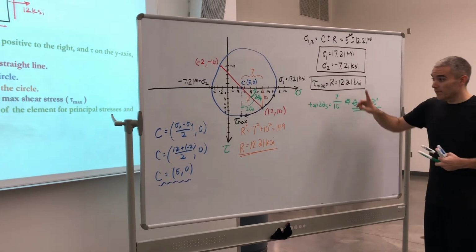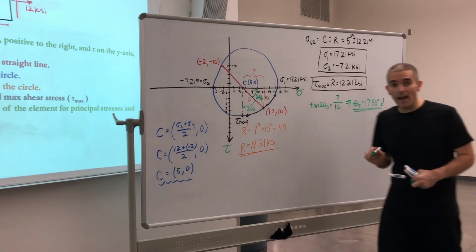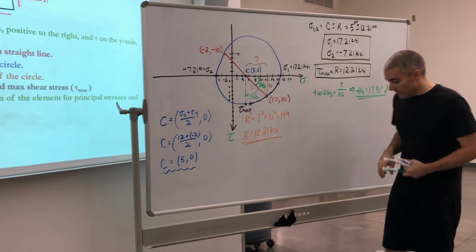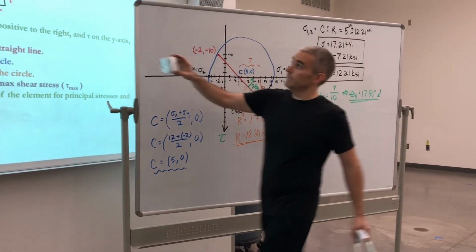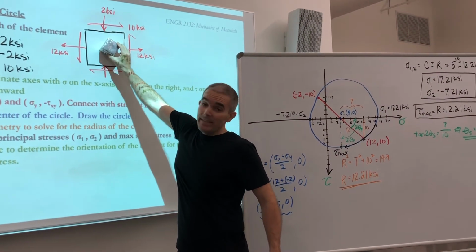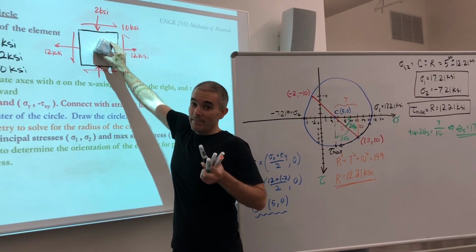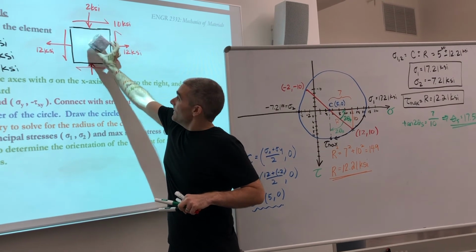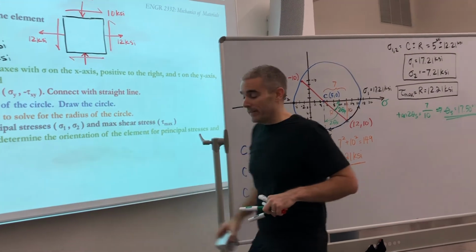This is also clockwise. If you want to write that, it's good practice so we know which direction to turn our block. So again, if we take our initial block with the initial stresses on it, and we rotate this 17.5 degrees clockwise, we will get to this orientation which has the maximum shear stress acting on it.